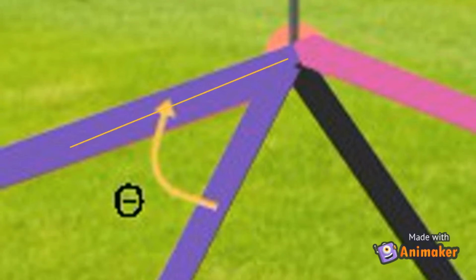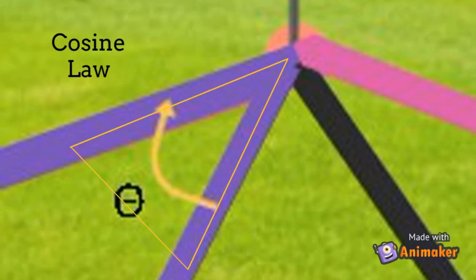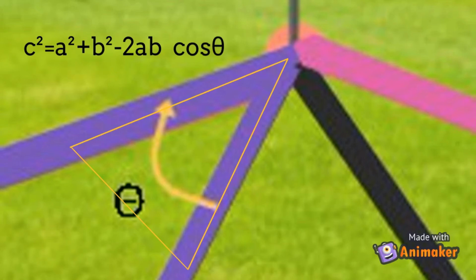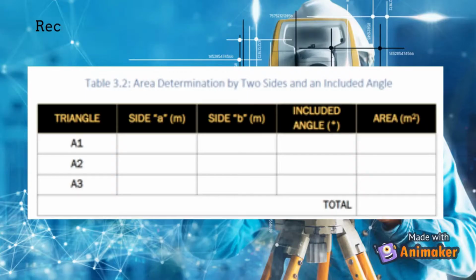We will measure and mark the same length at each side of the angle, and then we will measure the distance between these 2 points. Then we will use the cosine law, which is c squared equals a squared plus b squared minus 2ab cosine theta, and record this on table 3.2, area determination by 2 sides and an included angle.